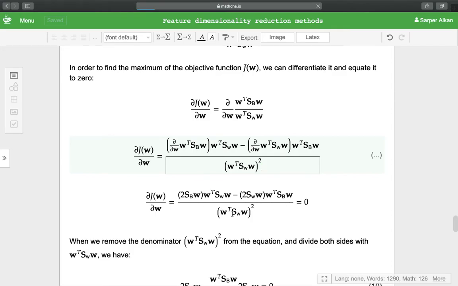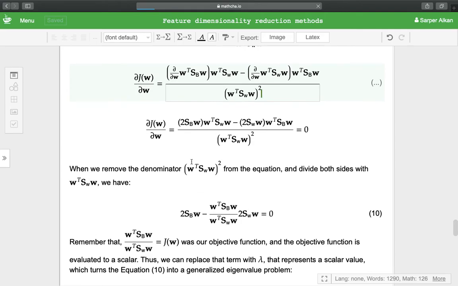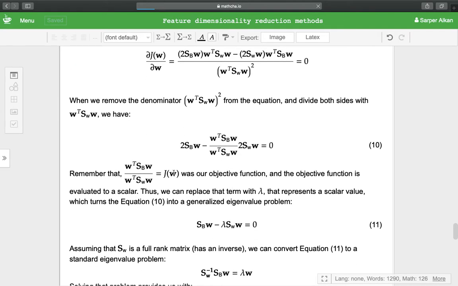So we equate it to 0 and we just discard this term from the equation and divide both sides by W transpose SW W, and we get this expression.